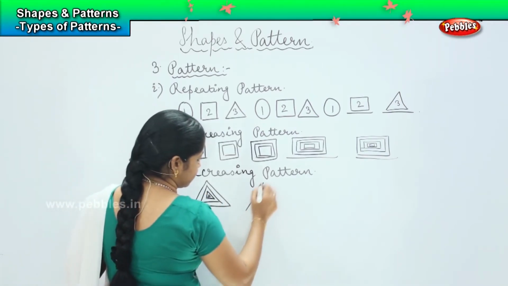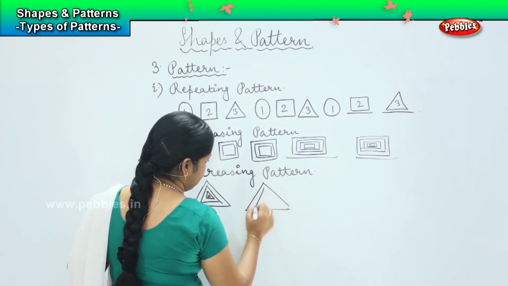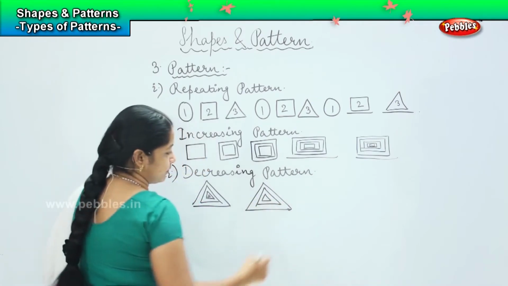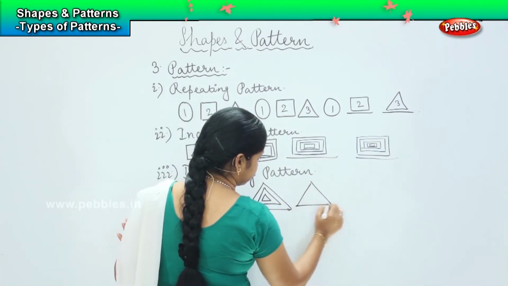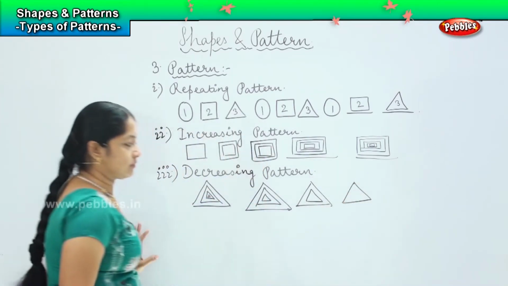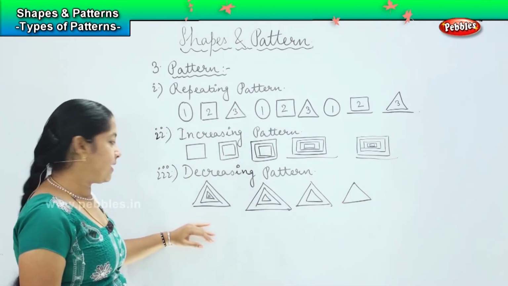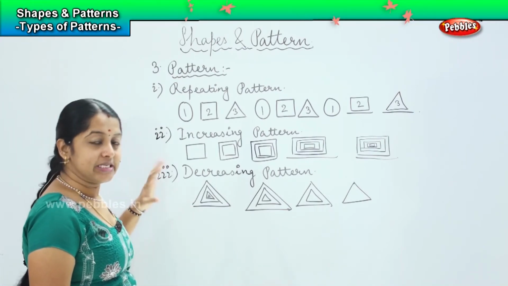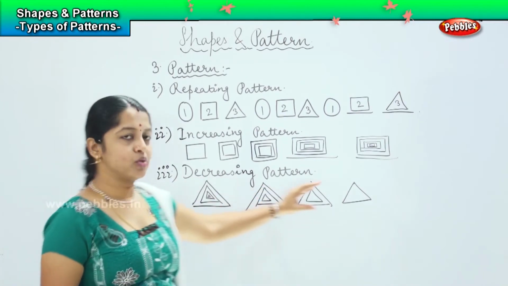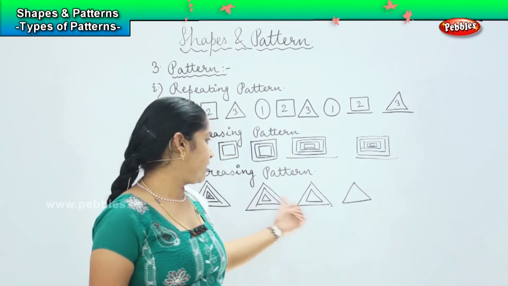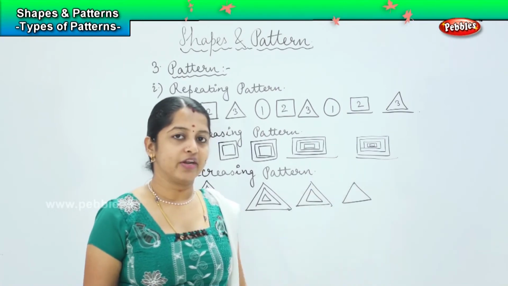So, the next one which I draw here will be 3. Then I draw 2. Then 1. So, this is a decreasing pattern where the number given first is of the higher value, and as it proceeds, the sequence deteriorates. The number of the figures in the given diagram reduces.